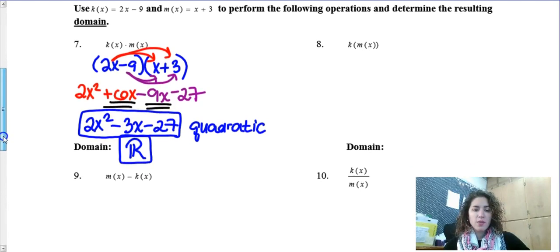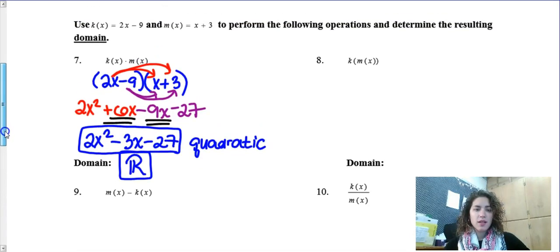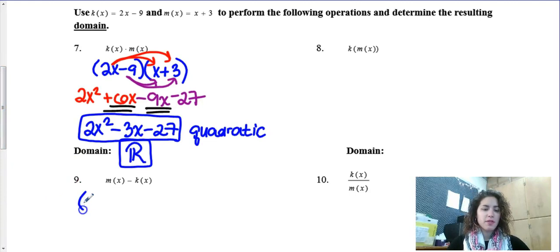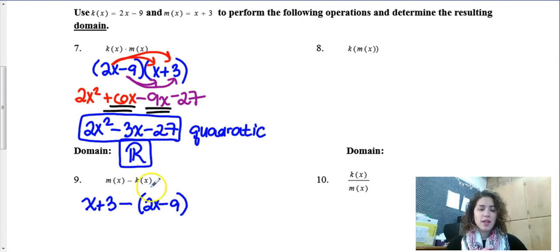Number 9, we are asked to subtract. M of x will come first. I actually didn't need to put that one in parentheses, but you can if you want to. X plus 3 will come first, minus, it's the second function. You really have to make sure it gets in parentheses, because again, this negative sign needs to be distributed to all of the terms on the inside.